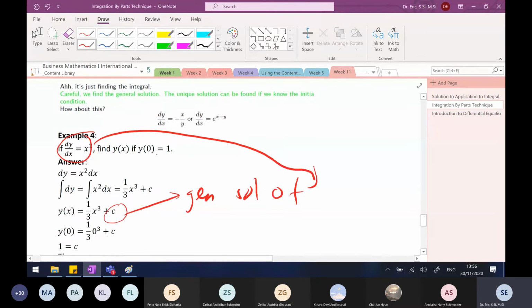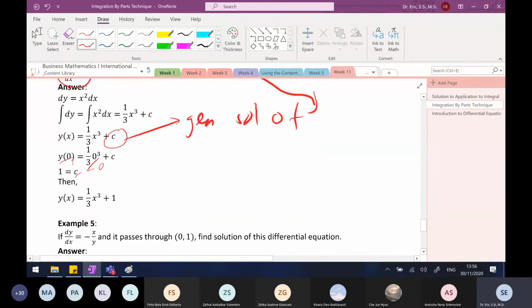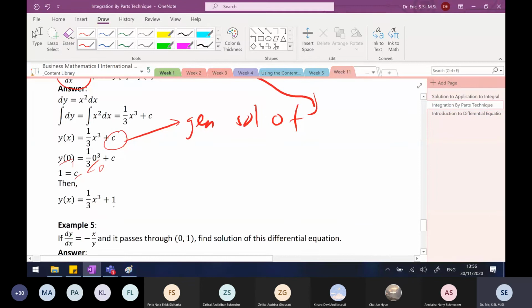But you know y(0) is 1. So you can substitute: y(0) is 1/3 times 0 cubed plus the constant. This will become 0, and y(0) is 1. So 1 equals 0 plus c. So you have y(x) is this plus the constant, which is 1. So what we usually call this a particular solution.